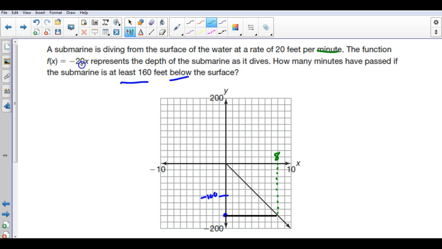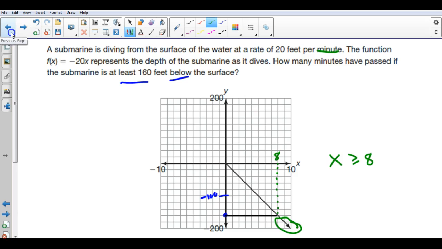So I'm looking for how many minutes would have to pass for it to be at least 160. So I'm going to draw in right there. And if we look at our x values, that's where 8 starts. So my x values are going to be greater than or equal to 8. So notice now I'm putting the greater than or equal to because it's okay if he reaches 160.